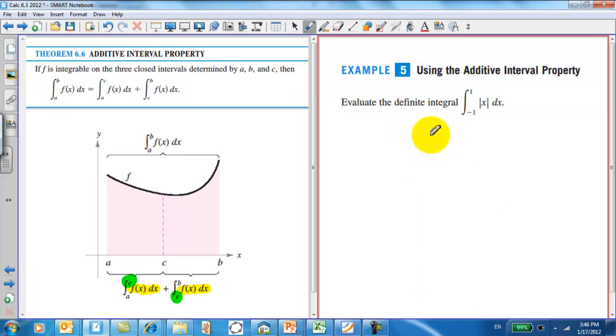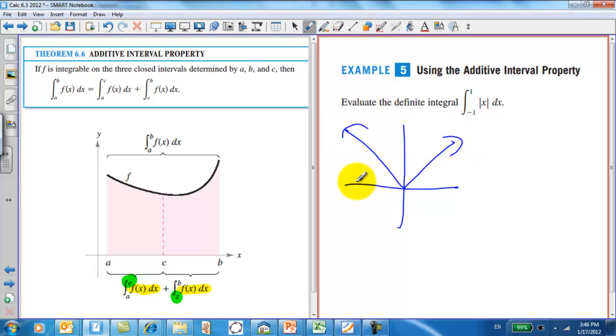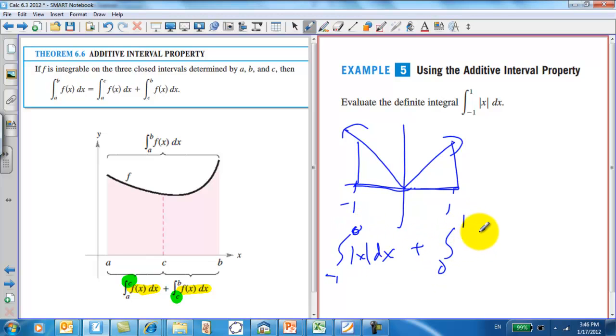Now, we're going to apply the additive interval property when we've got a funky function like this, which is the absolute value of x. Absolute value of x does this, and if we want to go from -1 to 1, we want to split it up into the integral from -1 to 0 of the absolute value of x dx, plus the integral from 0 to 1 of the absolute value of x dx.